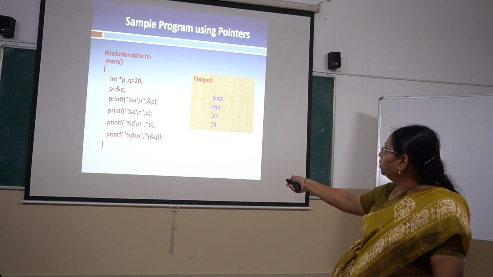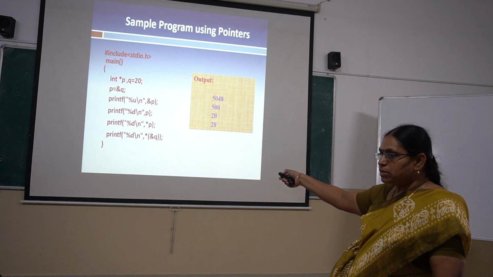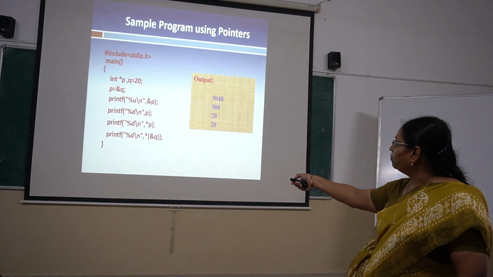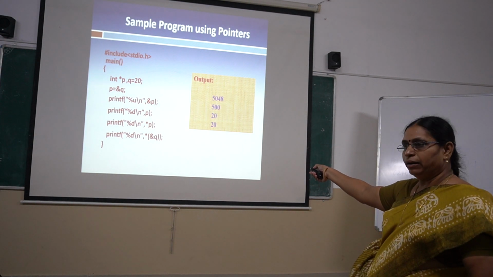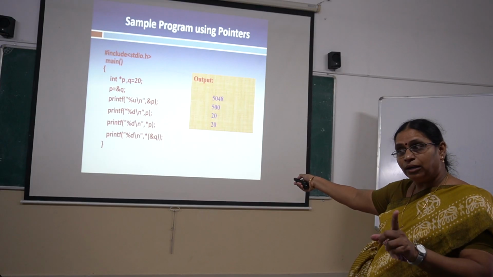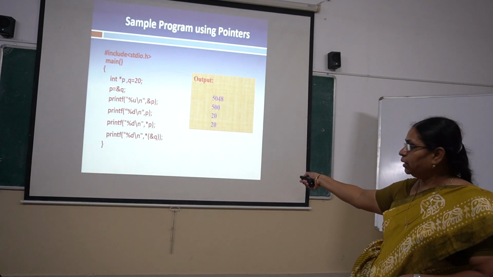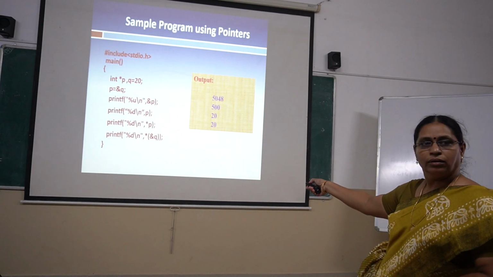Here the address of p is 5048, and p contains the value which is the address of q, that is 500. Then *p gives the value stored in the variable q, that is 20, and finally the value of q is 20.